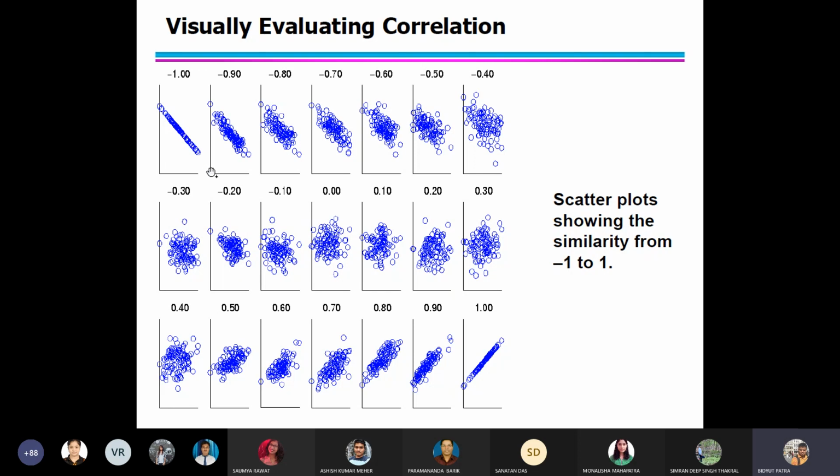Let's say x is here, y is here, and then x is increasing.